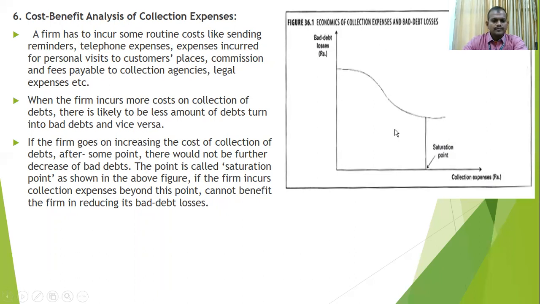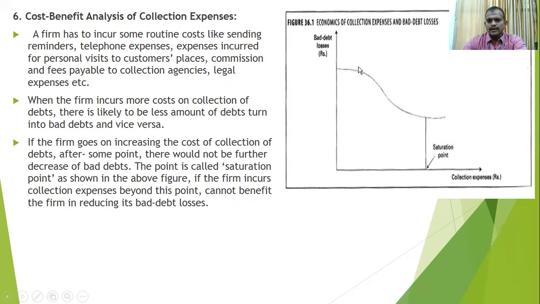See the diagram. The point is called the saturation point, as shown in the figure. If the firm incurs collection expenses beyond this point, it cannot benefit the firm in reducing its bad debt losses. See, collection expenses: if this point is exceeded, there is no use.